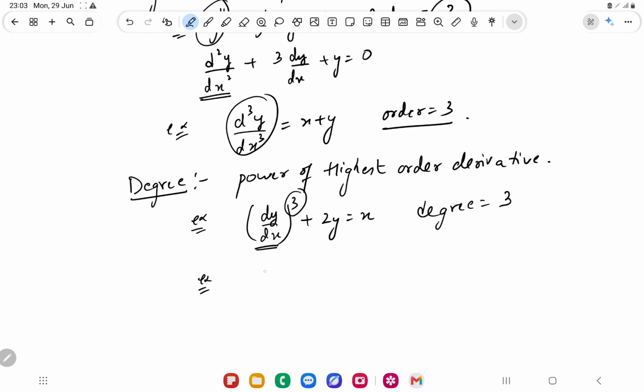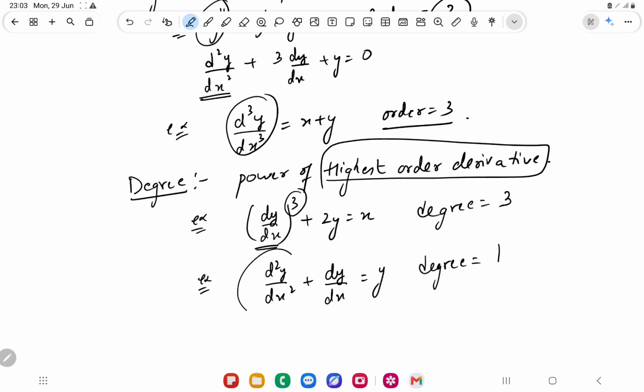Now if I take another example like d2y by dx square plus dy by dx is equals to y, the degree should be 1. Why? Because my highest order derivative is d2y by dx square and its power is 1. That's why the degree is 1.